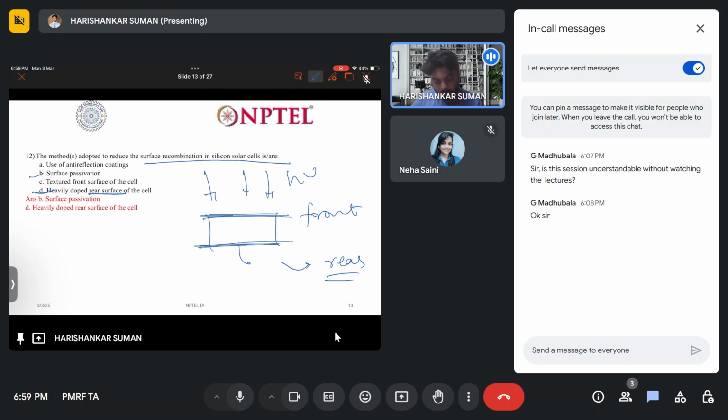So heavily doped rear side, n minus or p plus, and surface passivation. The defects are passivated so that light gets entered into the material, not reflected.